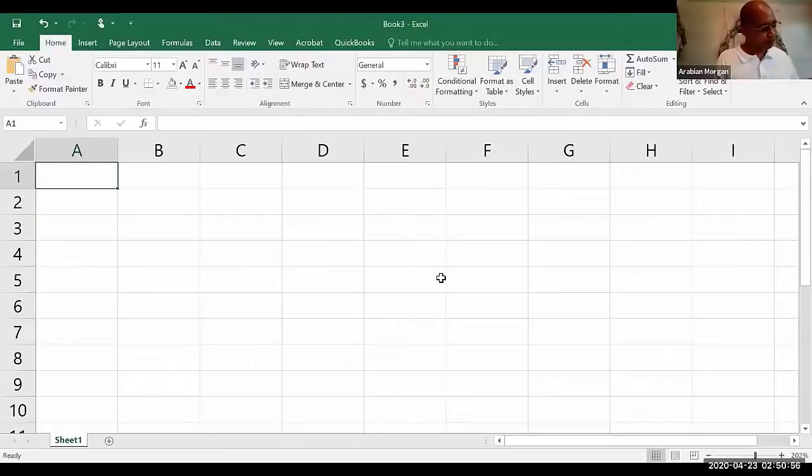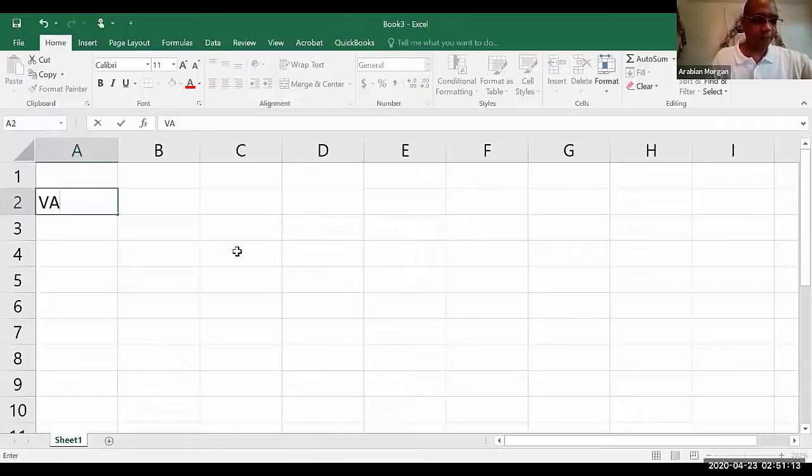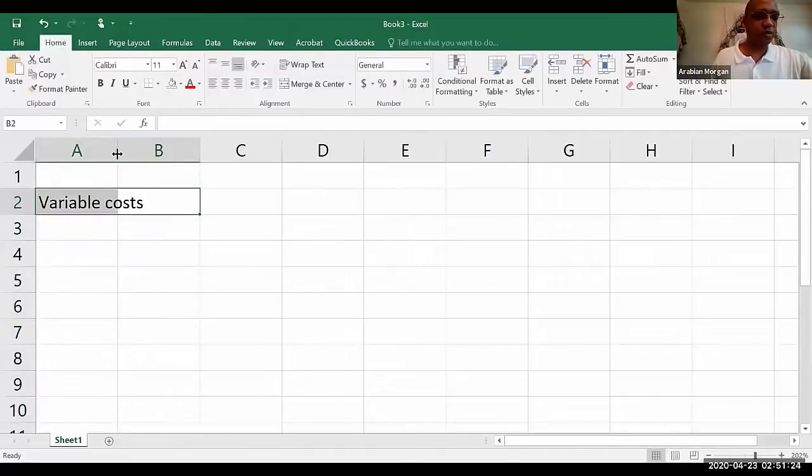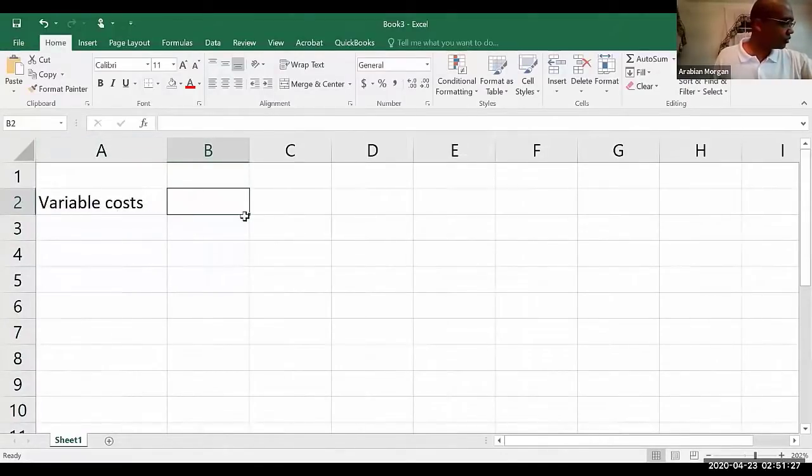Again, this is page 410. I'm answering question number 2. In the original scenario, we had variable costs. The variable costs were given to us as $200,000.